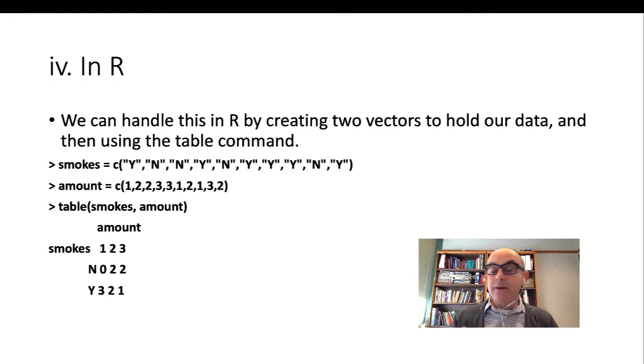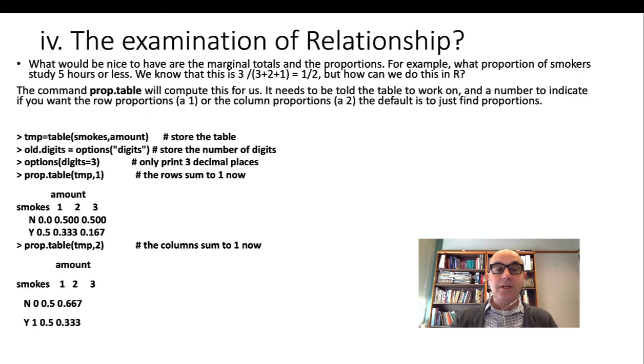And so in R it is very simple. We have a container of who are the smokers and the amount of smoking, and we can create a table with the smoke and the amount, and it will give us the idea of what it consists of. The examination of the relationship between smoke and grade can be applied to a table.